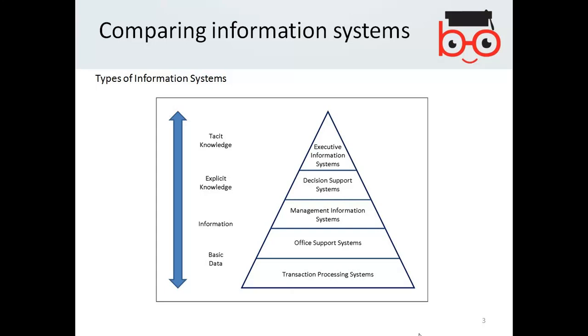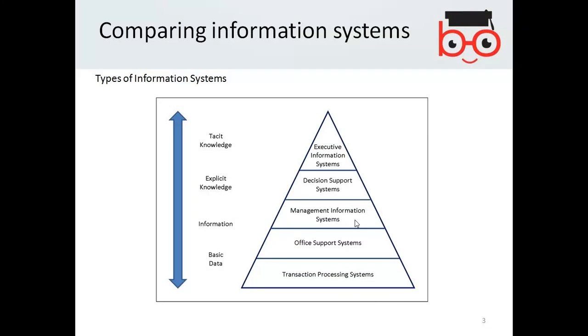Office support system, the information system about offices, like employees, their salaries, their work, the number of hours they work, and any similar things which are not related to other than the basic data used in the information systems.